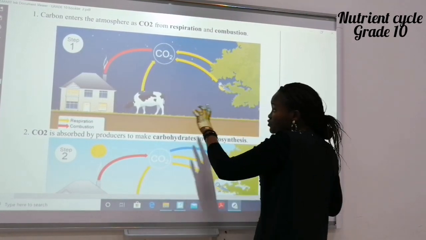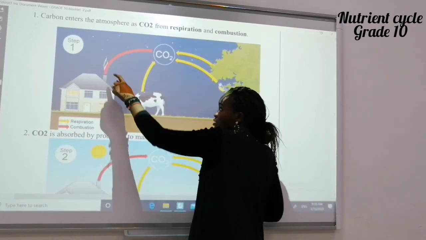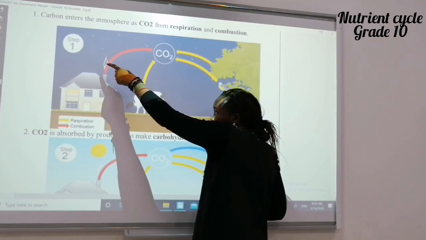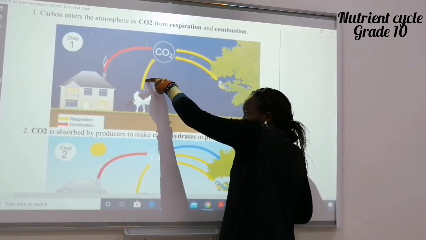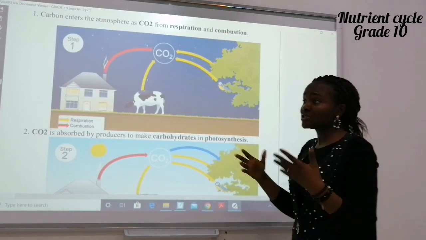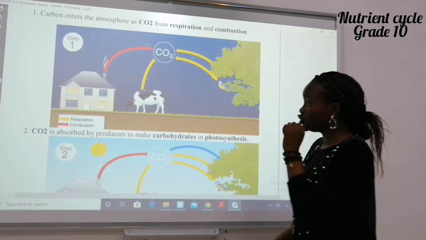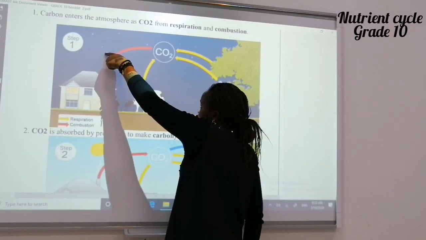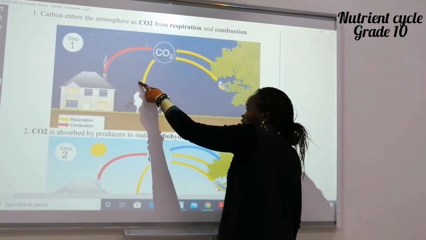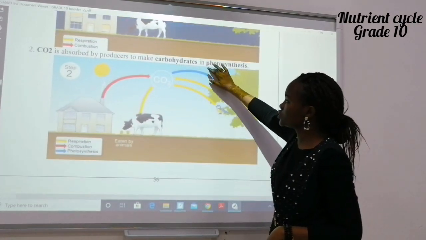So the 2 processes that release carbon into the atmosphere are combustion and respiration. If a question asks you to name 2 such processes, the red is combustion and the yellow is respiration. Step 1, done.